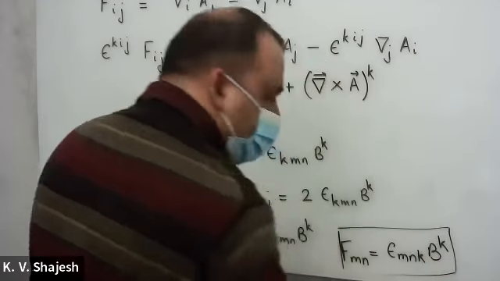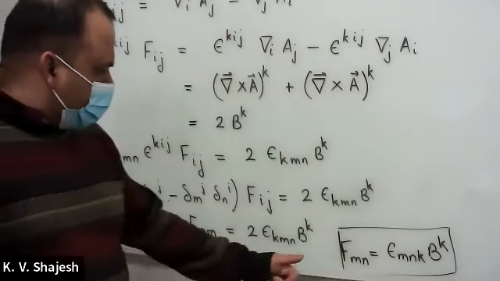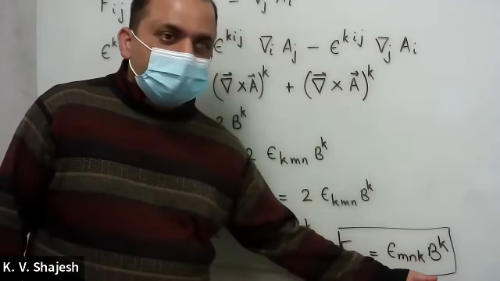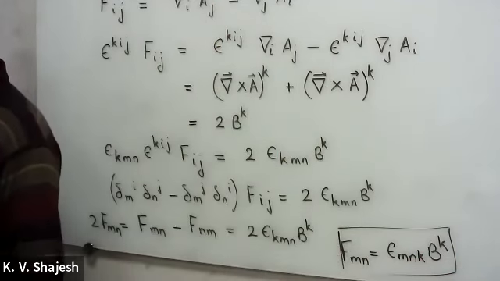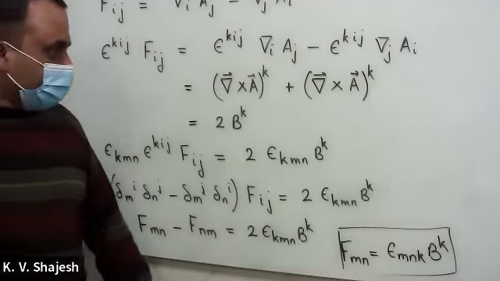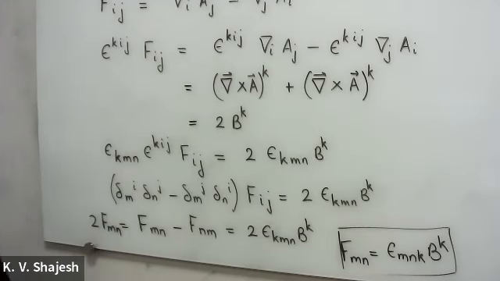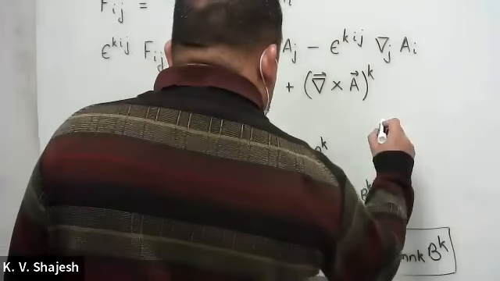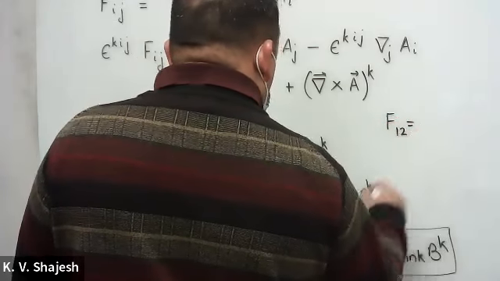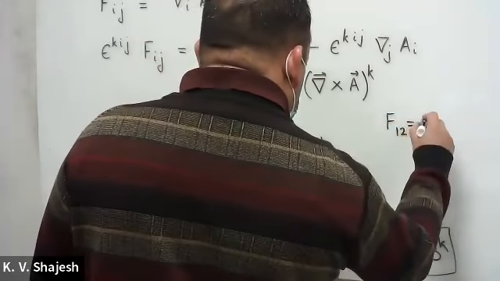That tells us that if it is F12, then it is 1, 2, 3, the third component. So F12 is equal to B3.